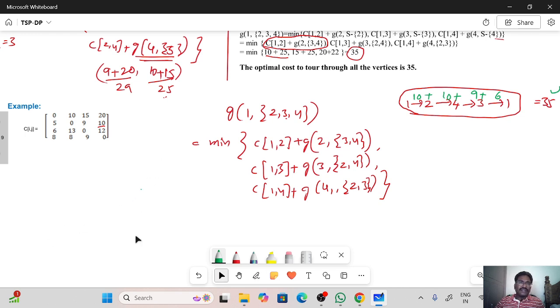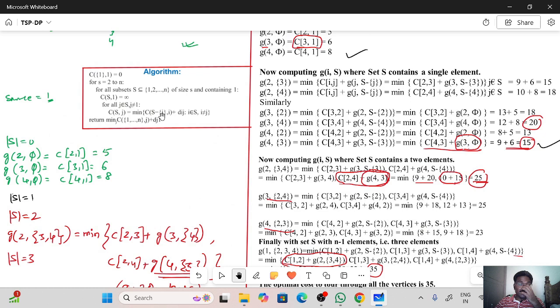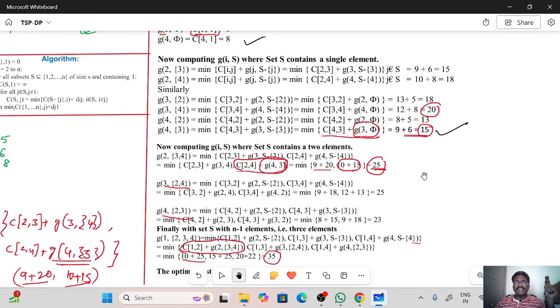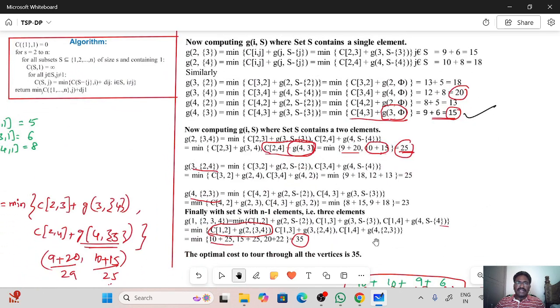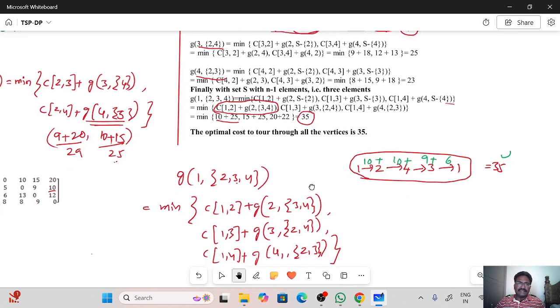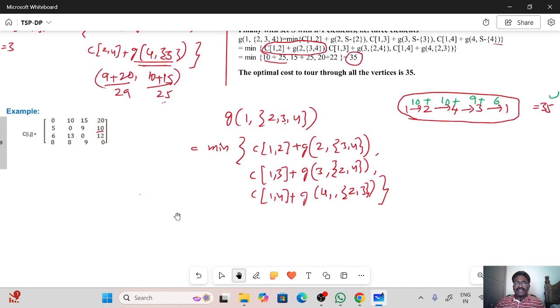Now, think. So, this is about the traveling salesperson problem. If you are following this method, this is our algorithm we just discussed. So, what is the time complexity of this algorithm? Observe the sets. What is the number of sets it gives us?